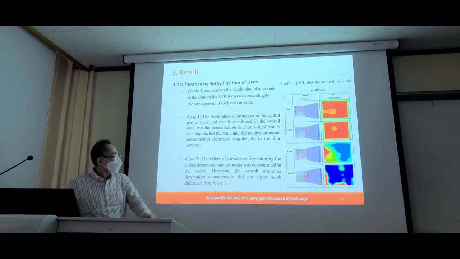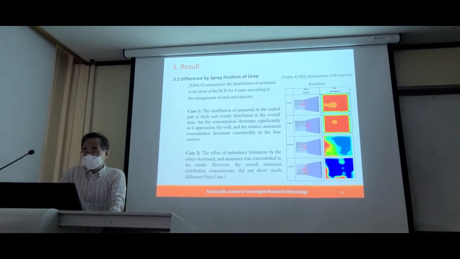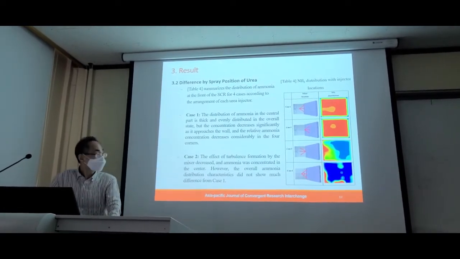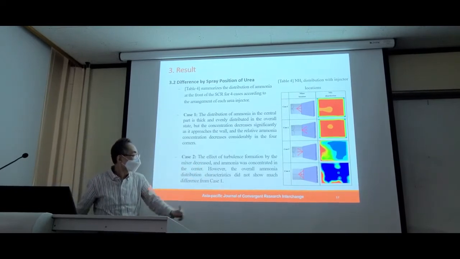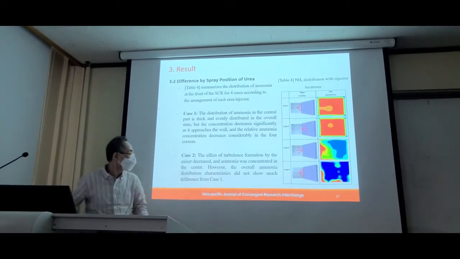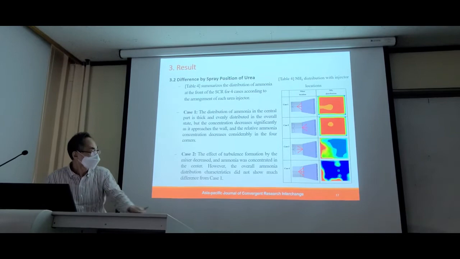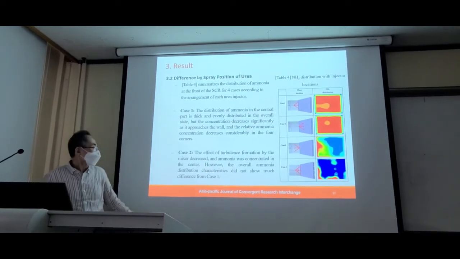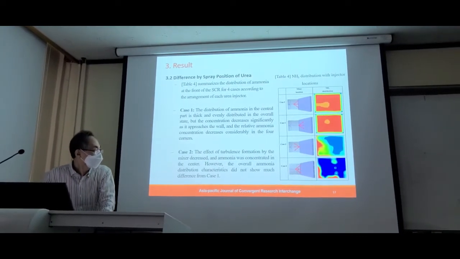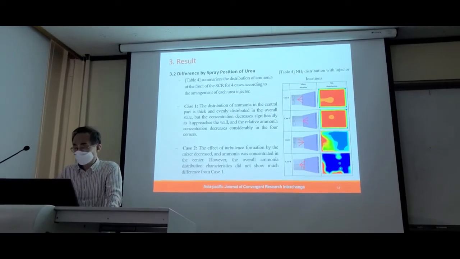For case 2, the effect of the turbulent formation by the mixer decreased, and the ammonia was concentrated in the center. However, the overall ammonia distribution characteristics did not show much difference from case 1.